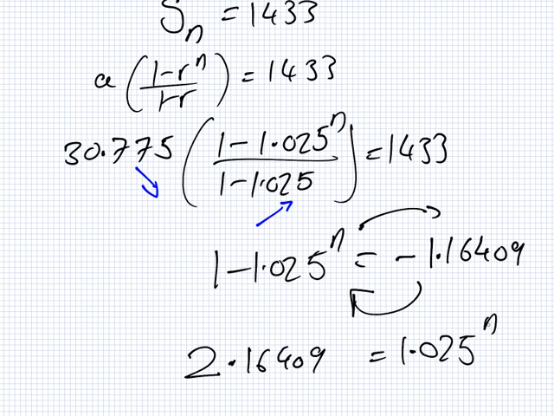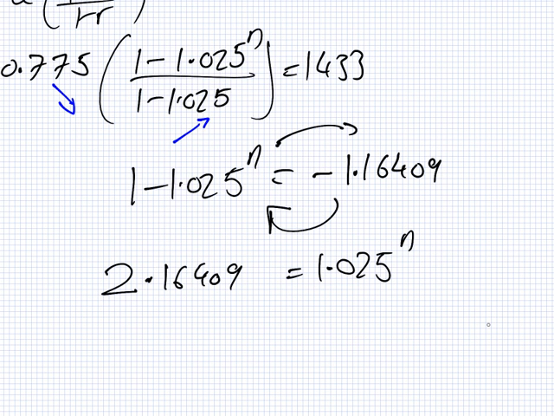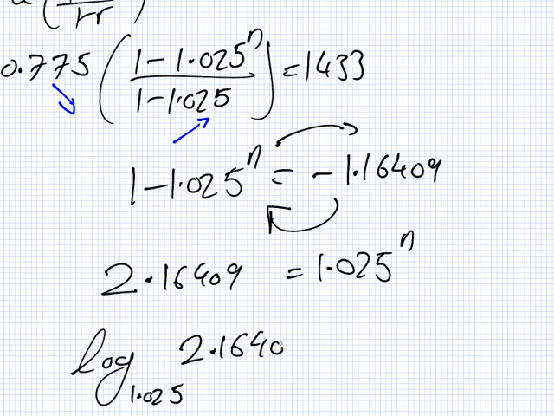Now, you can use your calculator to get the answer here, because what you're trying to find is 1.025 to what power will make 2.16409. This is what you're looking for. Your calculator has that button. If your calculator doesn't have that button, we'll see in the next class how you can get this by using ln.